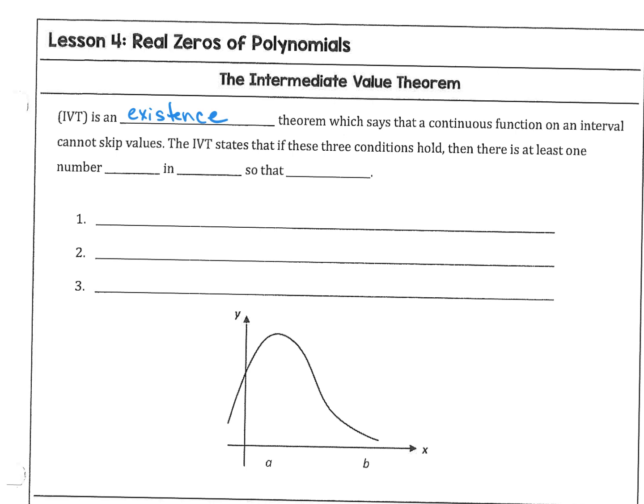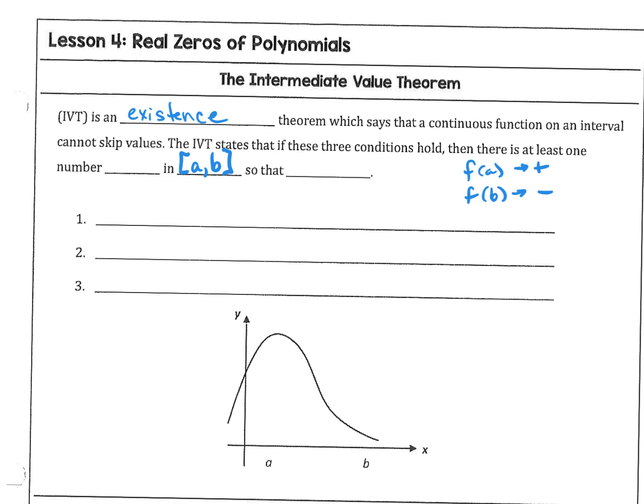if we have two x values from a to b, so if we have an interval from a to b, that if the first value is positive, in other words, if we plug in f of a and we get a positive value, and then we plug in f of b and we get a negative value, we know that it crossed the x-axis, didn't it?